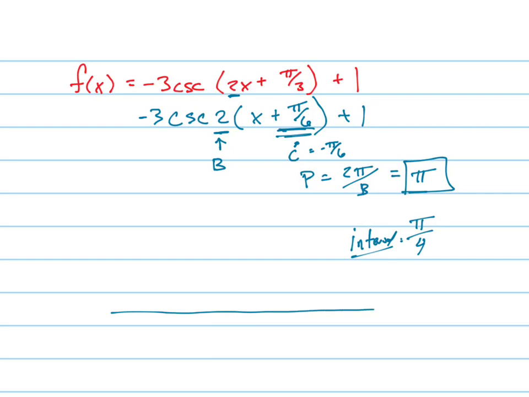So if this is your line right here, I go from 0 to pi, and then I cut it in half, cut that in half, and then add that. And then I factor in the horizontal shift. So I'm shifting everything negative pi over 6. So 0 becomes negative. I'm subtracting pi over 6 from everything.